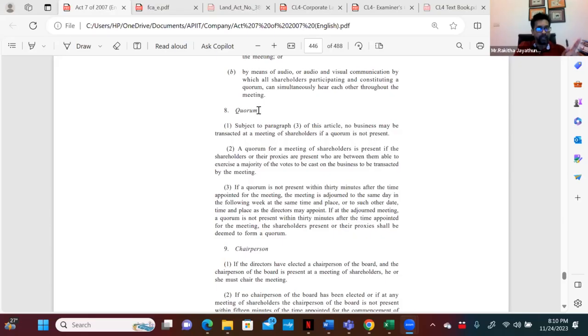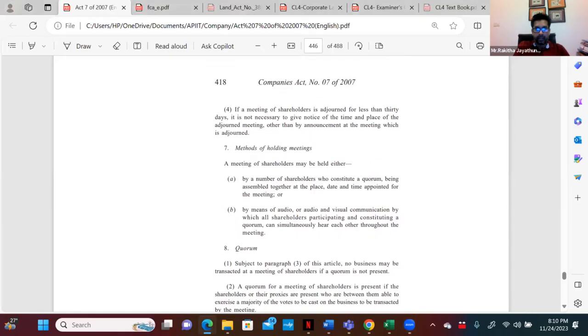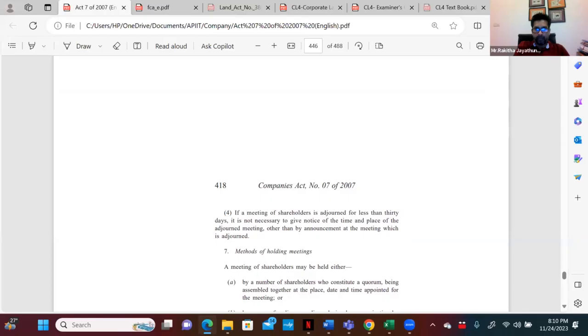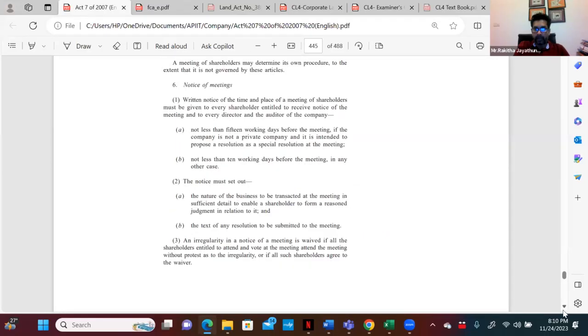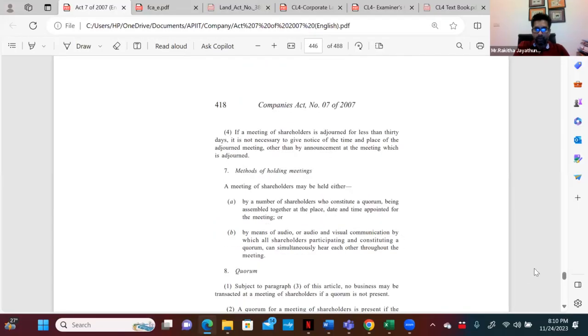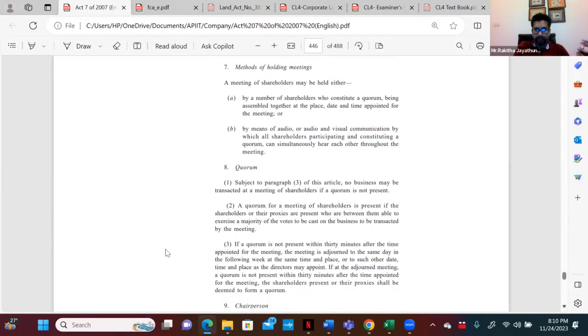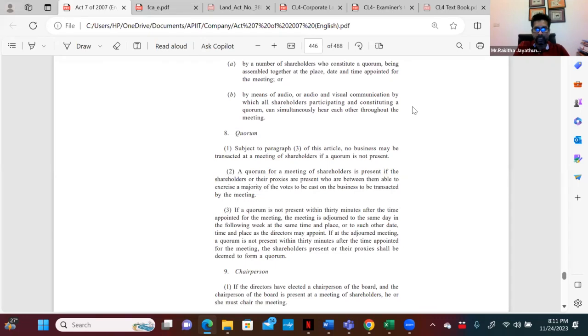First, you have to explain what the quorum is. And then you explain 1, 2, and 3 here. First, the meaning of the quorum. Then you say no business can be transacted at a meeting of shareholders if the quorum is not present.